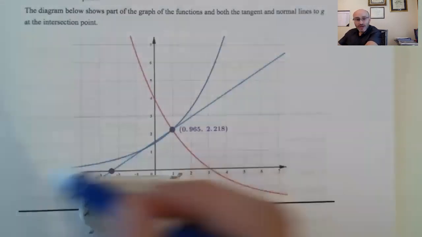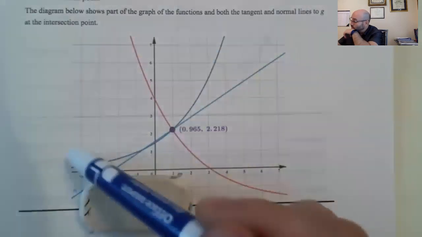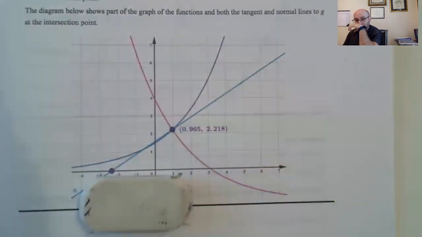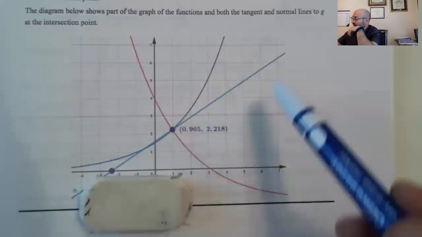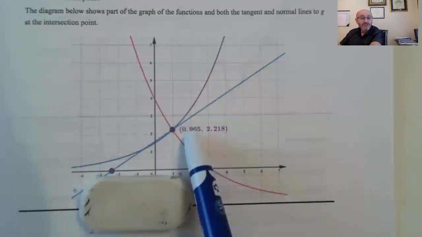You need to use your calculator to find the intersection of the two graphs, the blue one and the red one. The line there is the normal line. So once you find this intersection point using your calculator, now what information do you have?